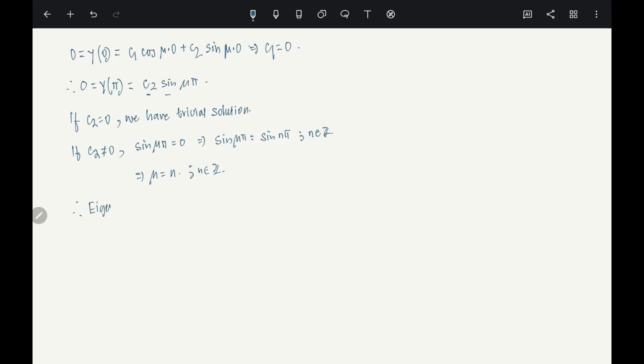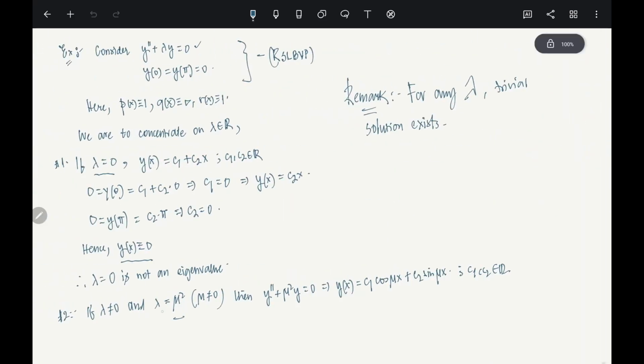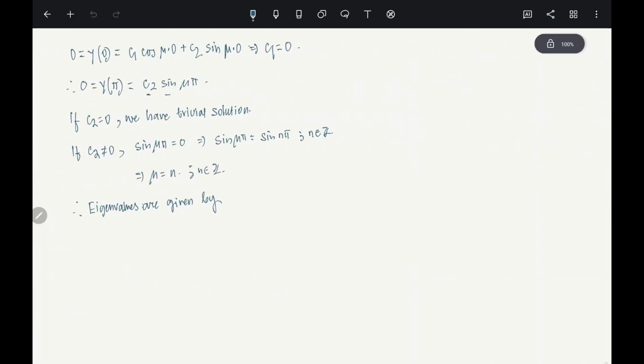The eigenvalues are positive, given by lambda, which is mu square, and mu square is n square. So eigenvalues are given by n square, n is in N, or Z also, it doesn't matter. It is n square basically.